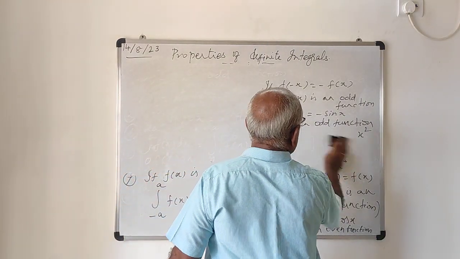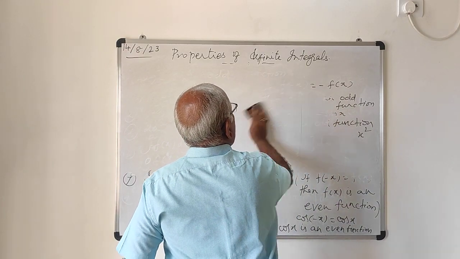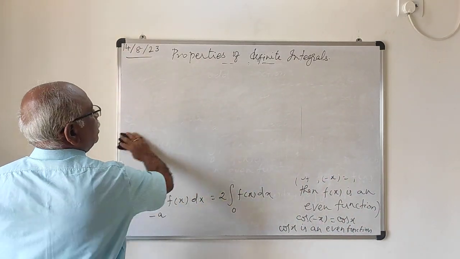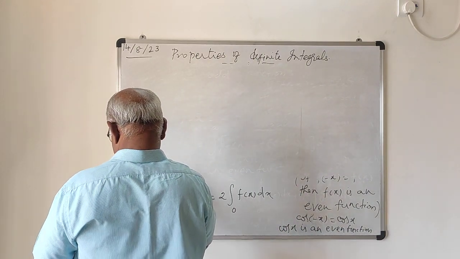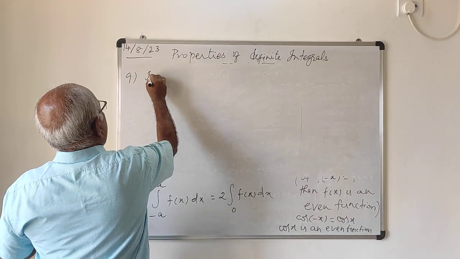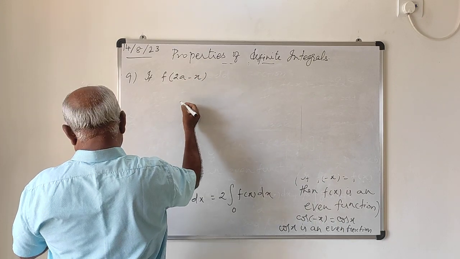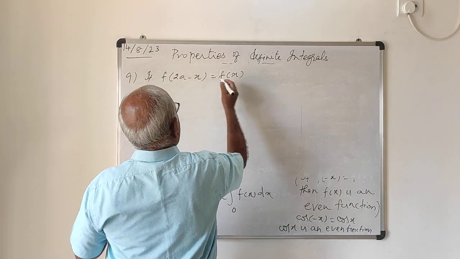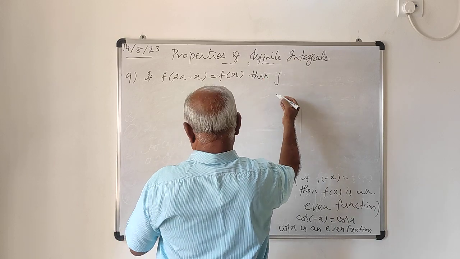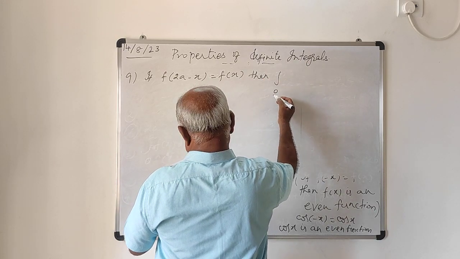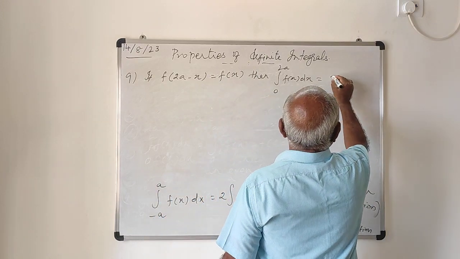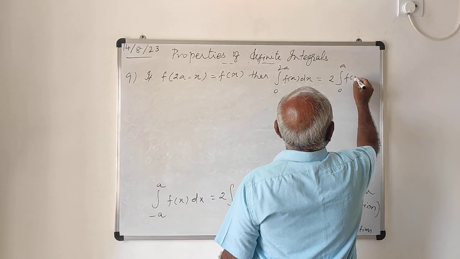Ninth one. If f of 2a minus x equals f of x, then the integral from 0 to 2a of f of x dx equals 2 times the integral from 0 to a of f of x dx.